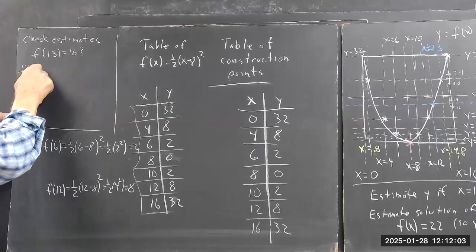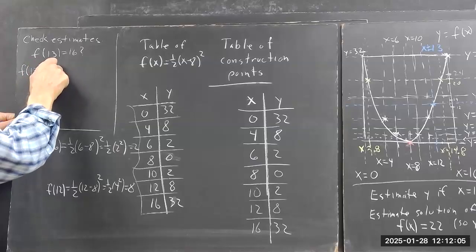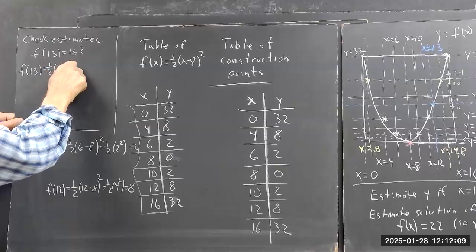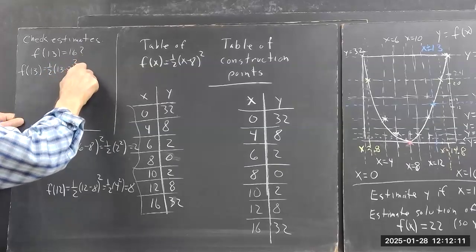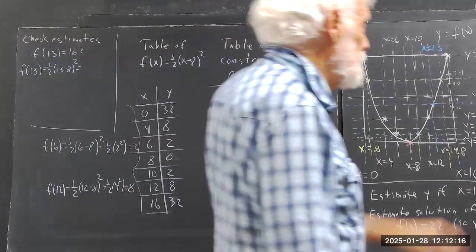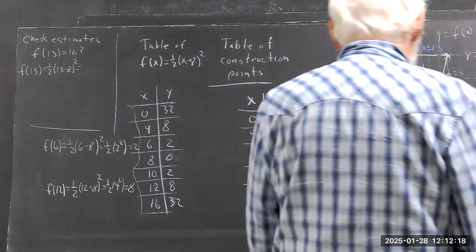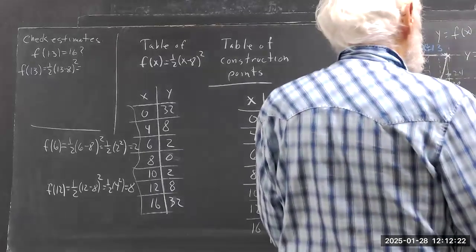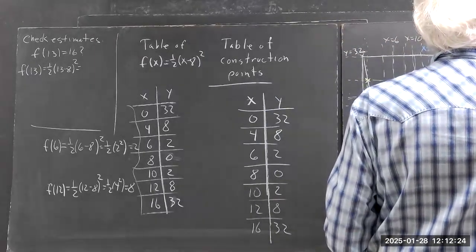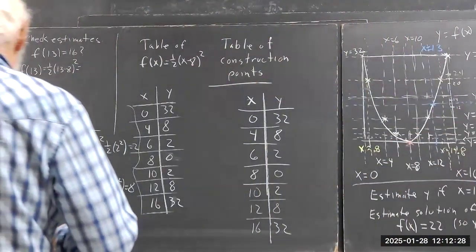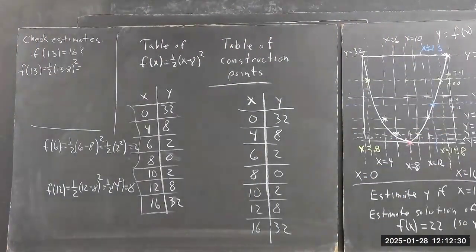Well, f of 13 is 1/2 of 13 minus 8 squared. I didn't estimate 16. I estimated 12 and a half. 16 was going to be way off. Well, that was my solution. And actually, it looks like I lucked out, because that's exactly right.